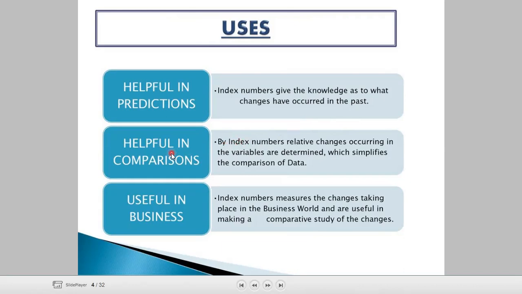It is also very much helpful in comparisons. By index number, relative changes occurring in the variables are determined, which simplifies the comparison of data.